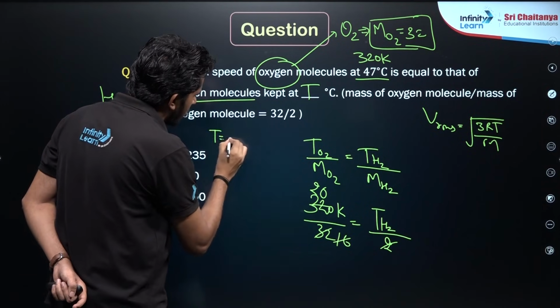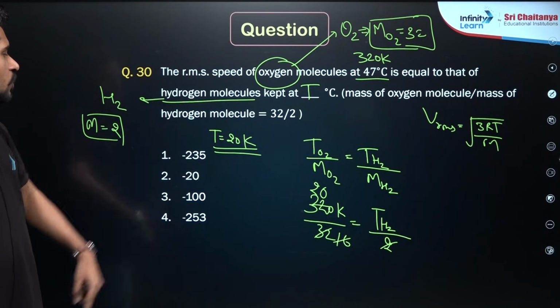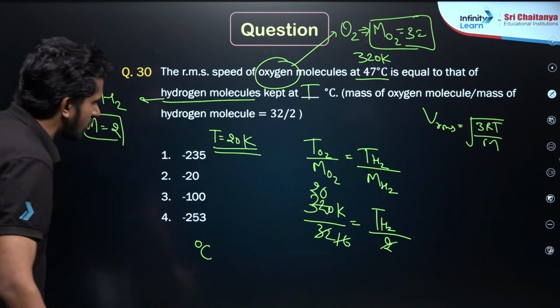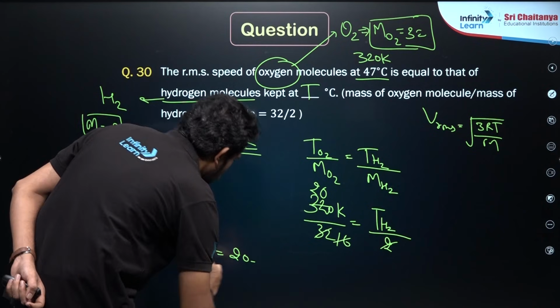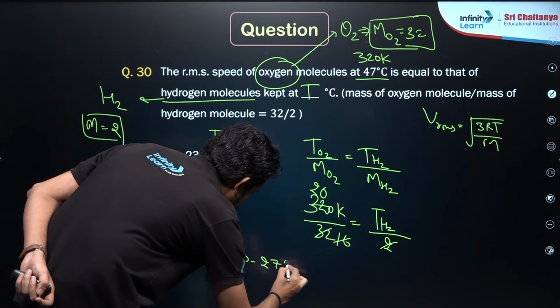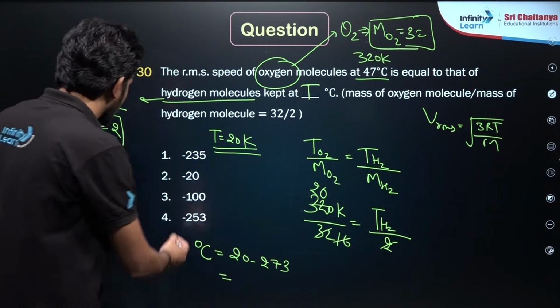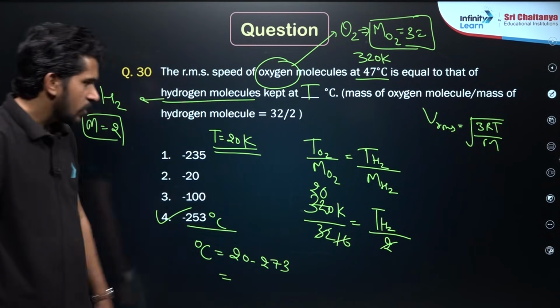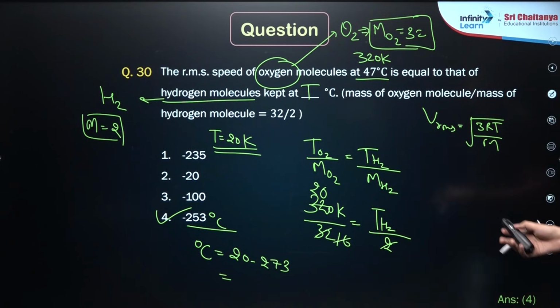If T temperature is 20 Kelvin, then what will be the value in degree Celsius? So 20 minus 273, that almost gives the value 253. Yeah, minus 253 degree centigrade. Did you understand? Simple. Now option number 4 is the correct answer.